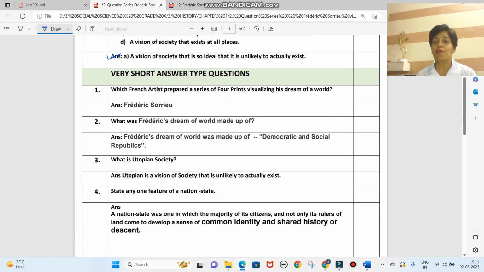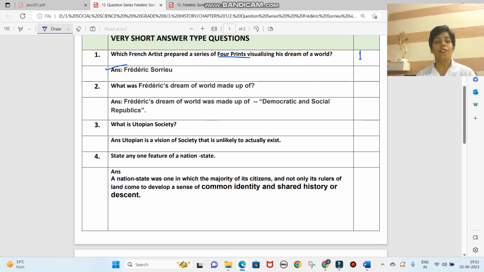Very short answer type questions. You get 1 mark each. The French artist prepared a series of 4 prints visualizing his dream of the world. What was Sorrieu's dream of the world made up of? Democratic and social republics. What is a utopian society? A society that is unlikely to exist.